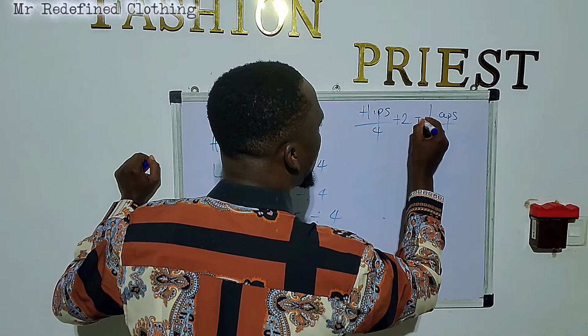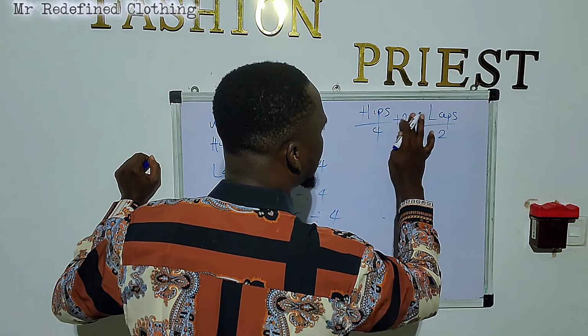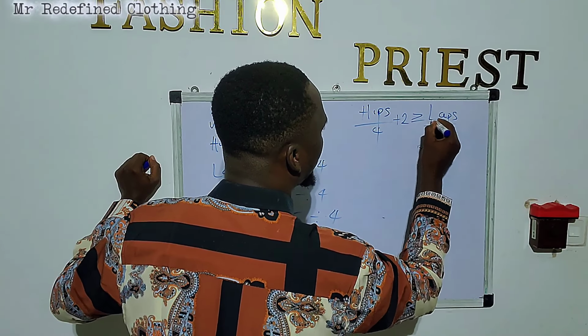That's hip over 4 plus 2 is equal to or a bit greater than lap measurement divided by 2.